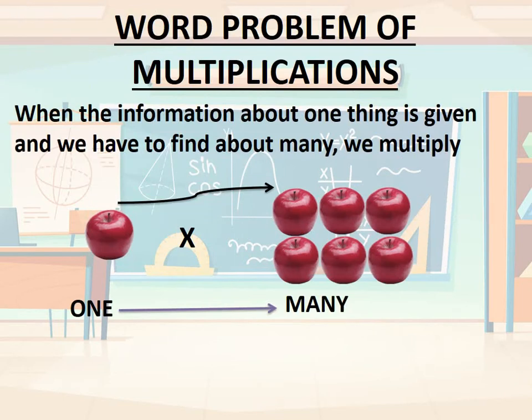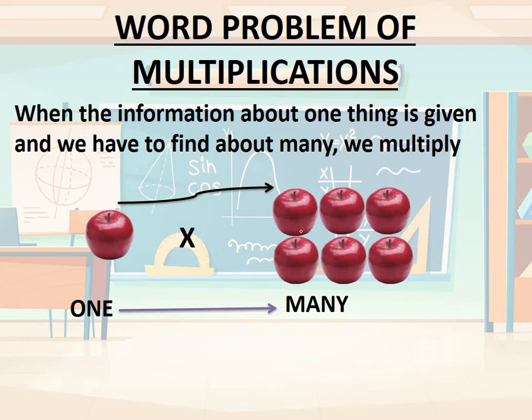Next topic is word problems of multiplication. When the information about one thing is given and we have to find about many, we do multiply. In word problems, just believe me, answers are always there in the question. You read the question again and again, you immediately get the answer. So how to find whether this is a sum of multiplication?